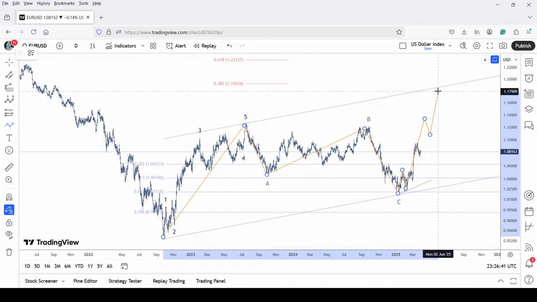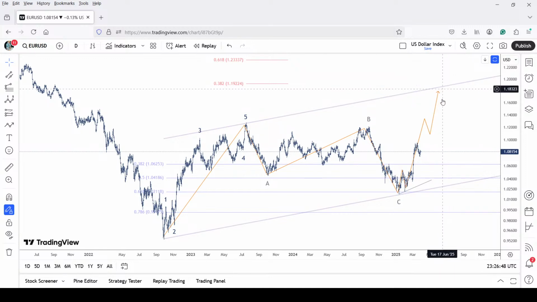And it won't be a surprise to see the price action rallying all the way towards the channel resistance, which is seen around 1.19.